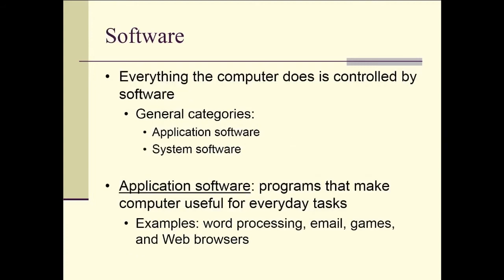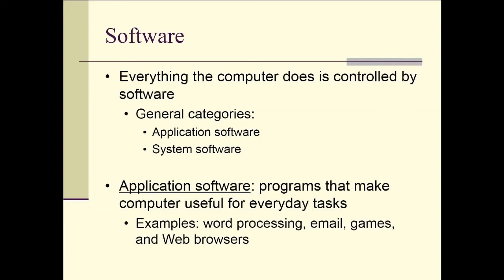Okay, the software itself. Now, the software does everything as far as controlling the computer. It's all done with this software, this programming. Now, there are two general categories: application and system. The application software is what makes the computer useful. Those are your games, your word processing, your email programs, your web browsers, so you can browse the internet.